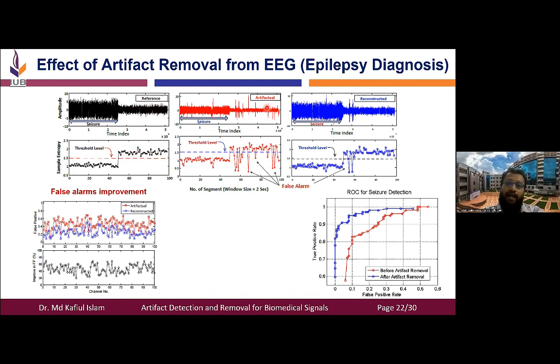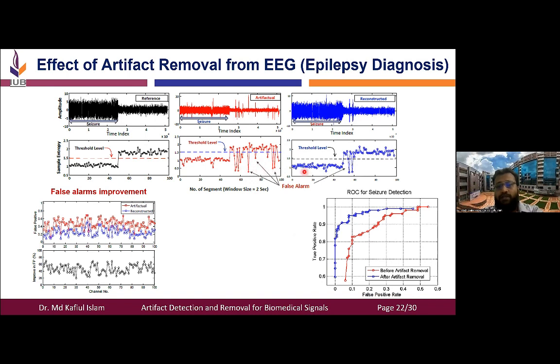On the other hand, when the signal is corrupted with many artifacts, you see that during non-seizure activities, some of the sample entropy values come below the threshold level, which means there are more false alarms. After you remove the artifact as much as possible, your number of false alarms can be reduced. You see that previously, before removal of artifact, there were so many false alarms.